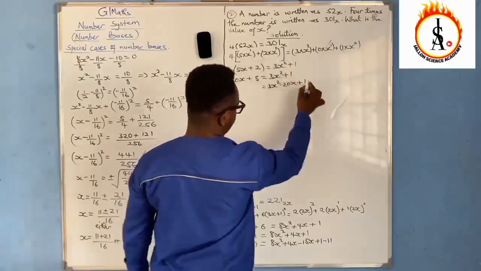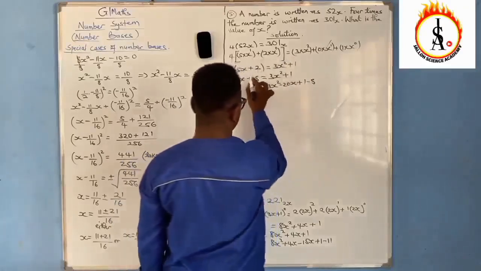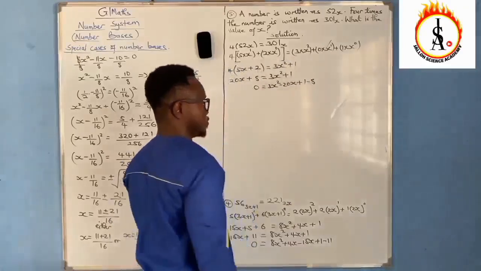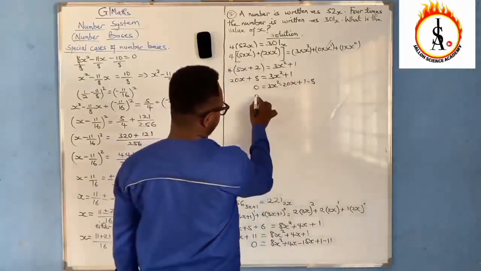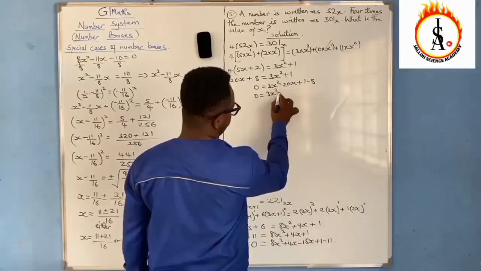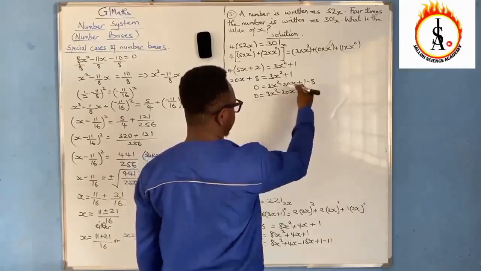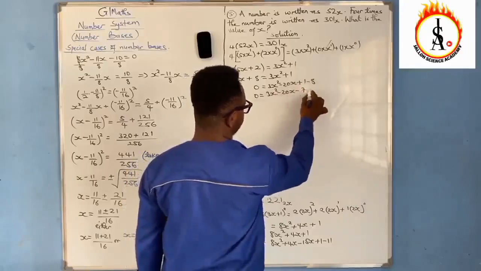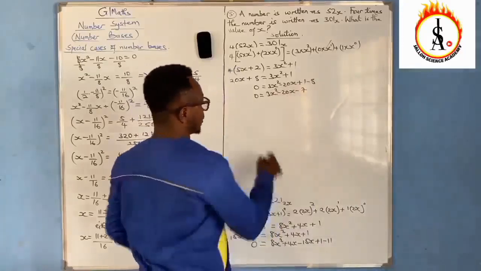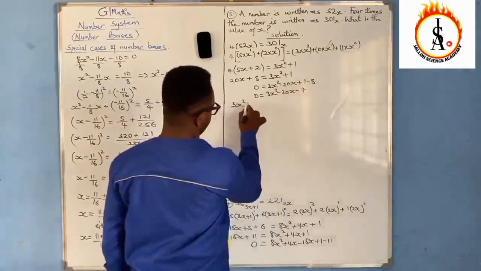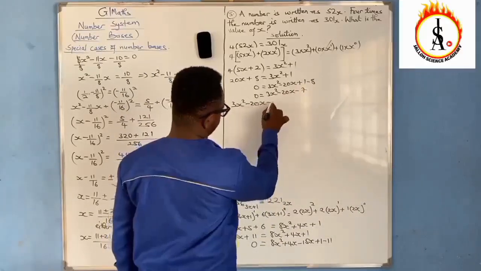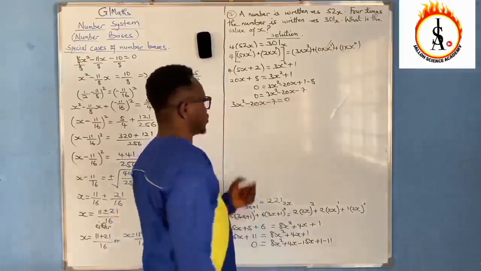Plus 1 is already there. 8 goes, it becomes negative 8. So what remains on this side now is 0. So simplifying this further, 0 will be equal to 3x squared minus 20x plus 1 minus 8 gives us minus 7. So if 0 is equal to this, then also 3x squared minus 20x minus 7 is equal to 0.